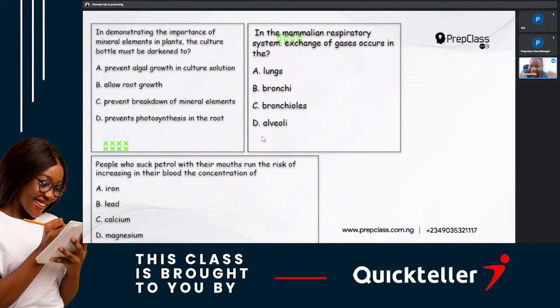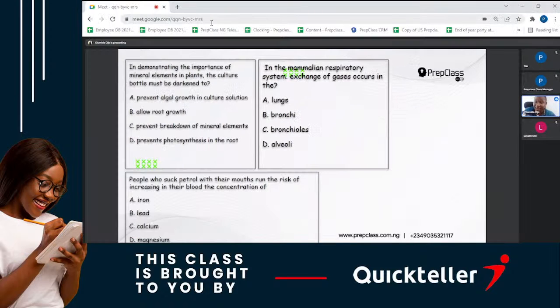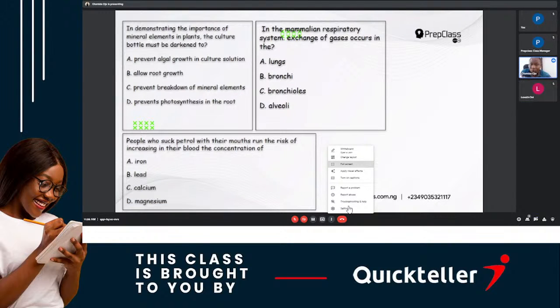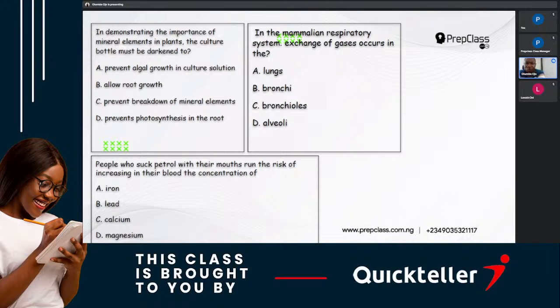And it's very dangerous, because it cannot be broken down into smaller size. When it gets stuck in the blood, it can cause headache, and after headache, heart attack. So the answer is B. People who suck petrol with their mouth run the risk of increasing in their blood the concentration of lead.